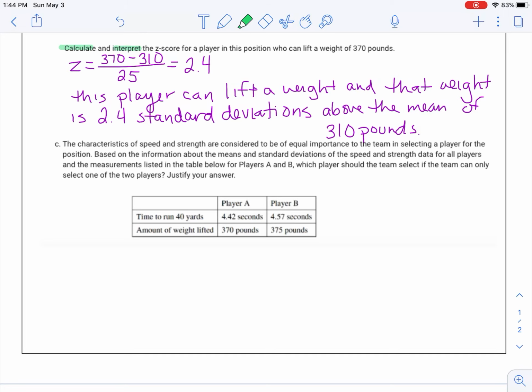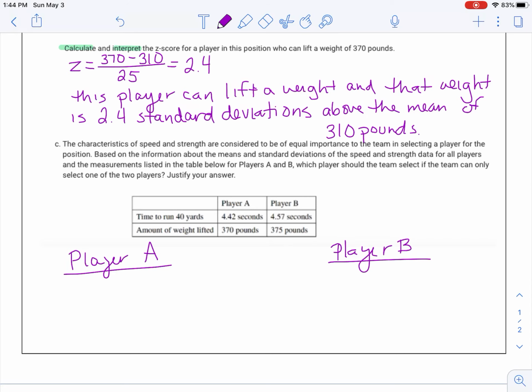Okay, now they gave us player A and player B, and you can only choose one of them. So if I go with player A and I want to compare them, if I have the mean and standard deviation above, I think the obvious thing to do is to compare their z-scores.